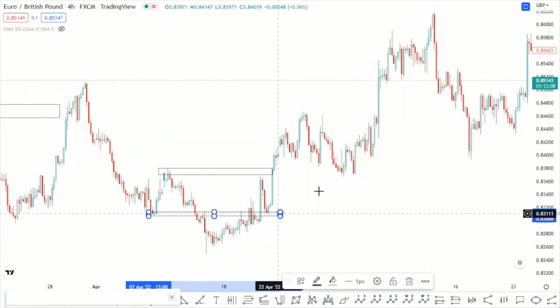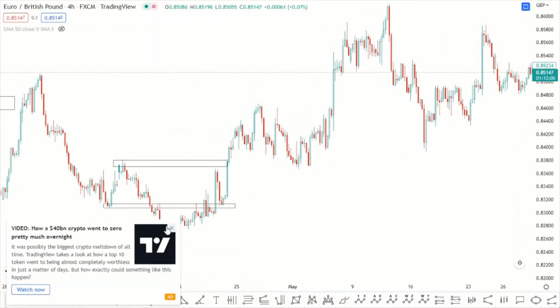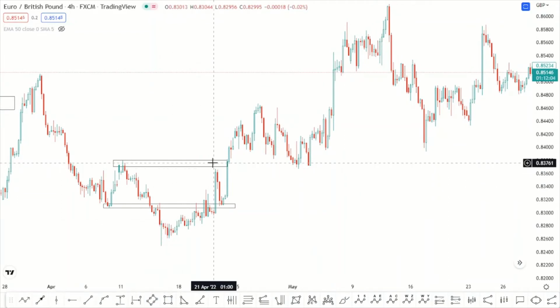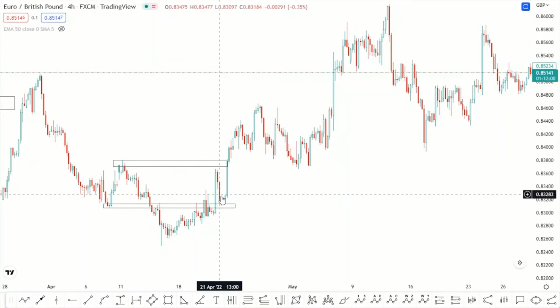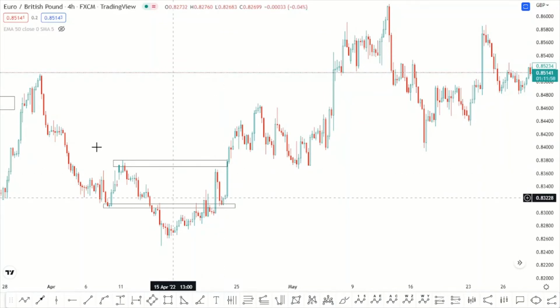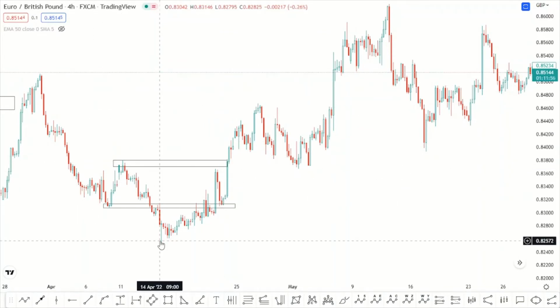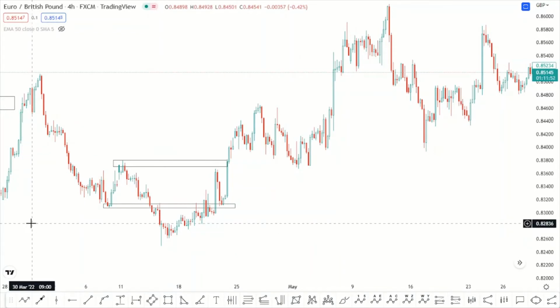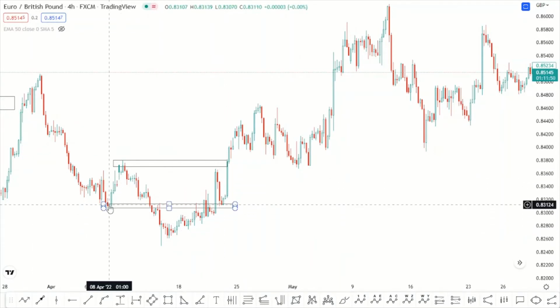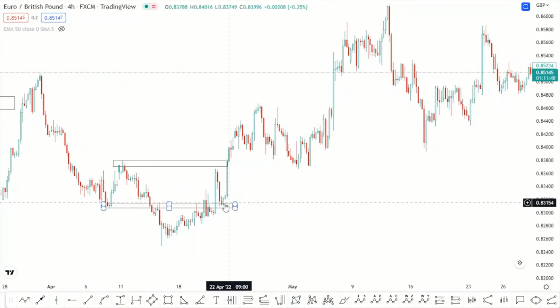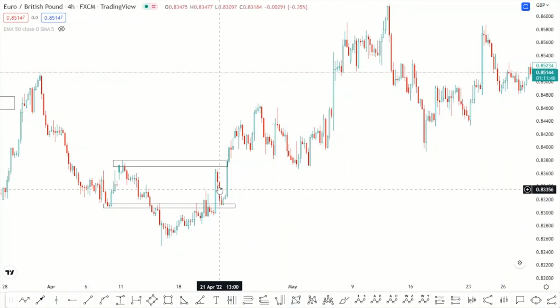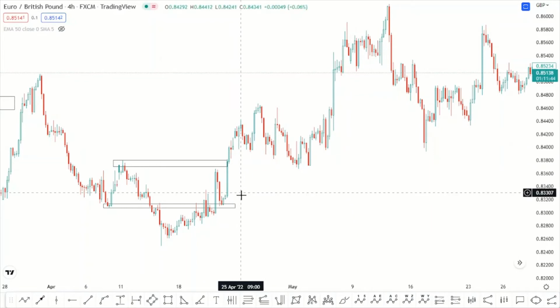As you can see, when you have broken it, at this time maybe you do not really need to break it and then have some kind of a confirmation, because already you have confirmed with an ABC pattern over here using the other structure in the lower time frame. So it becomes easy for you to take some trades even without breaking it and then coming back to a certain point.